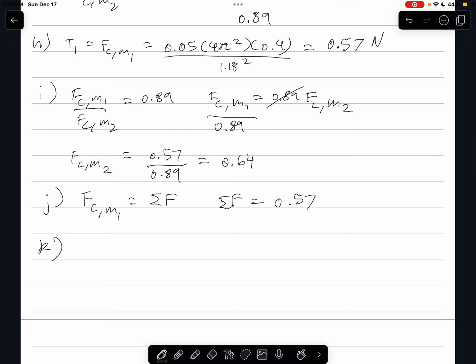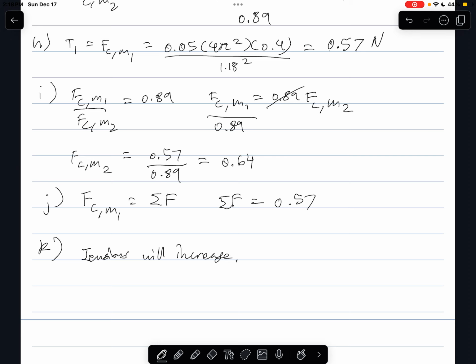And then for part K, if the system is replaced with two blocks that are more massive while keeping all the other components the same, what would happen to the magnitude of the tension T1 and T2? I think both tensions will increase.